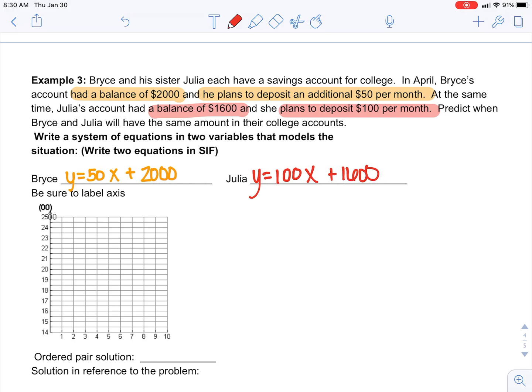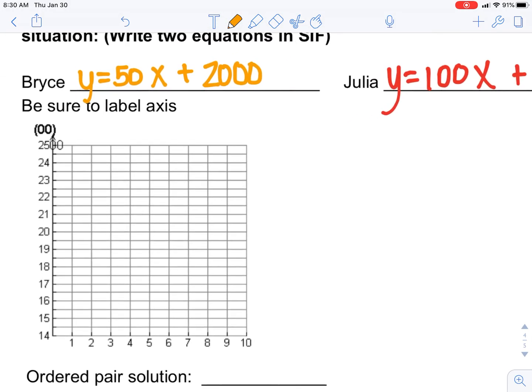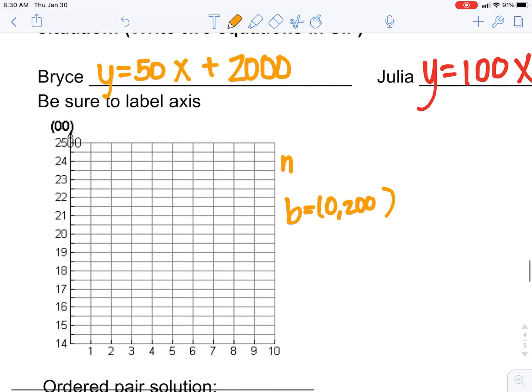So now I can take both of these equations and put them on my graph. So we're going to do Bryce first. We know he has a y-intercept of 0, 2,000, and he has a slope of 50 over 1. So I'm going to put in 0, 2,000.